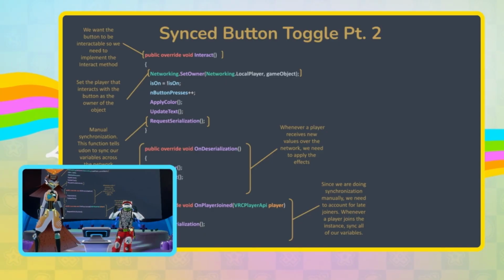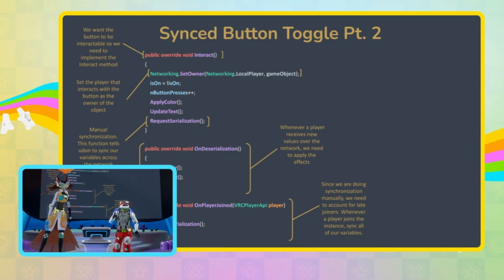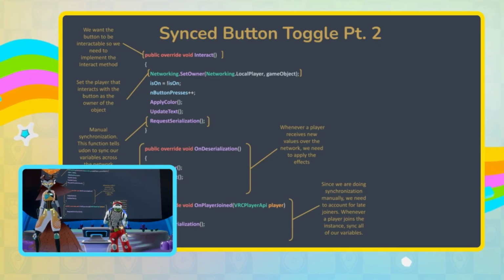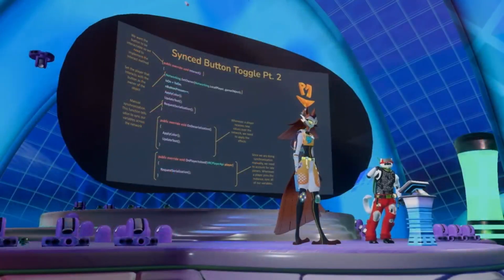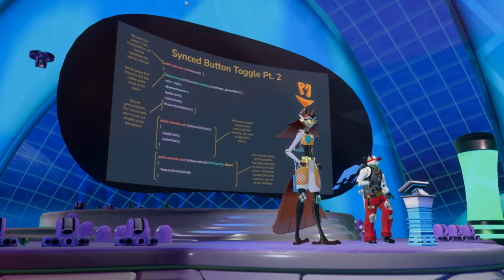Lastly, we have the RequestSerialization command. This is what tells Udon that we want to synchronize these values over the network. So RequestSerialization basically means send these values over the network right now. So we do that.